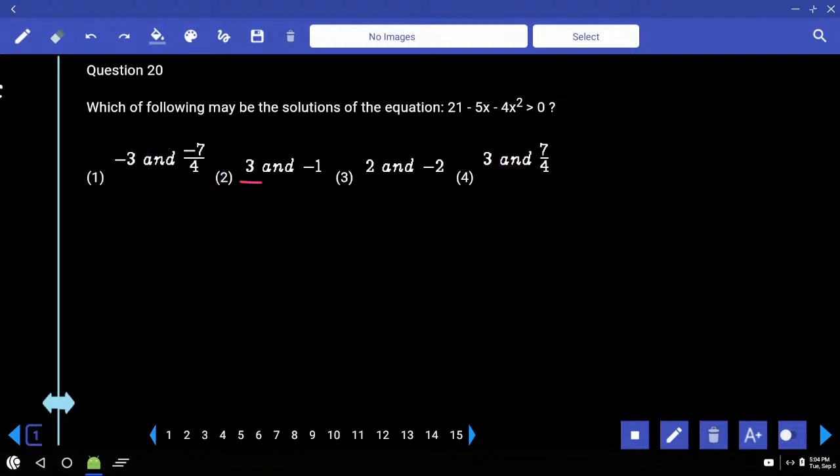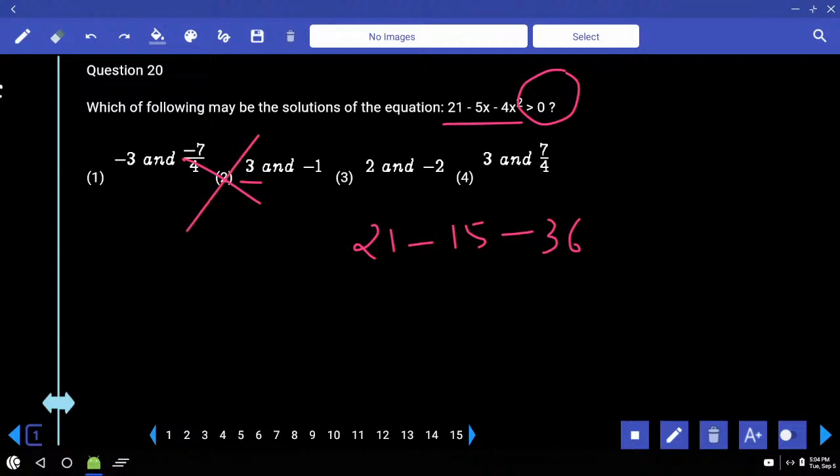For example, if you choose 3, put it here: 21 minus 15 minus 36, right? It is not greater than 0. So this should not be the answer, as 3 is involved here.